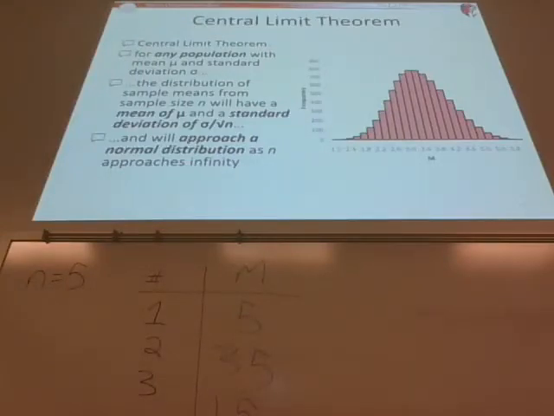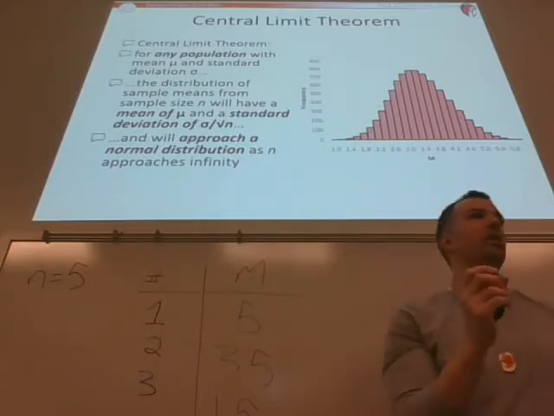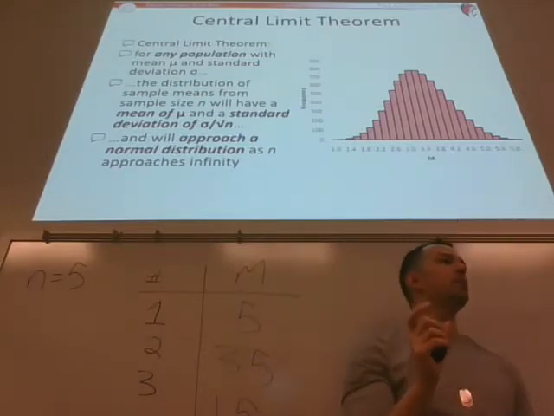This, again, is the key thing that allows us to do stats in psychology. One of the big things is that it approaches a normal distribution, so we only have to figure out that one distribution and how to use it. And the other key thing is that this is true for any population. And that is important because that opens up psychology.